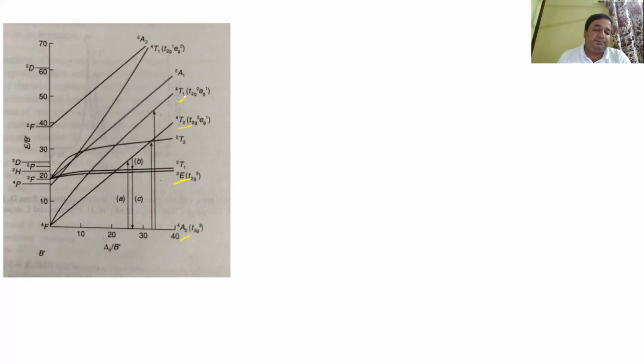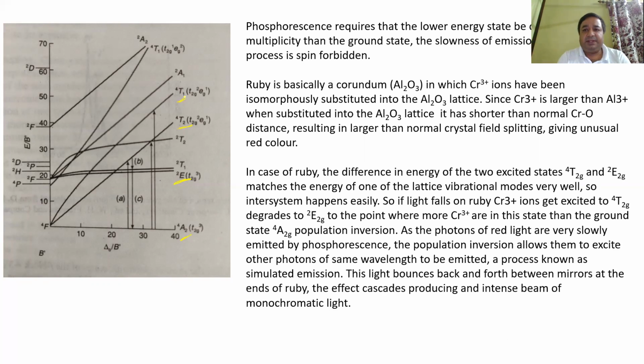Now, what is happening is that when chromium goes inside the crystal, since chromium is of a bigger size than aluminium, once it is substituted into the Al2O3 lattice, the Cr-O distance will be smaller than expected. Because of that, there is a larger interaction between the ligand and the chromium.